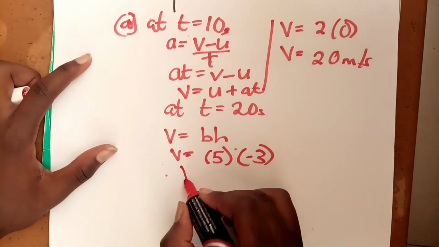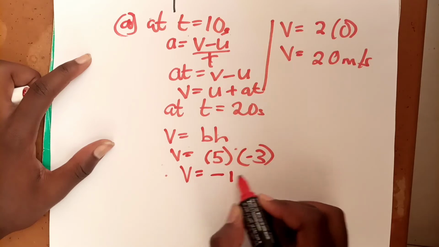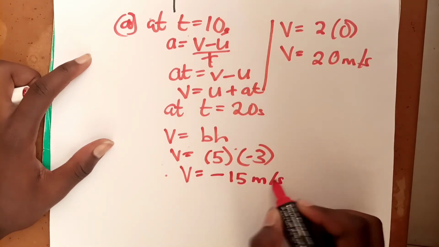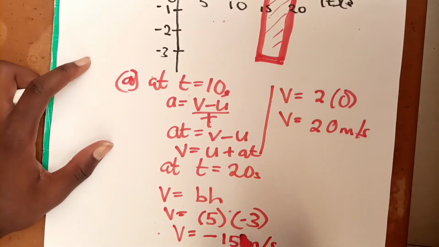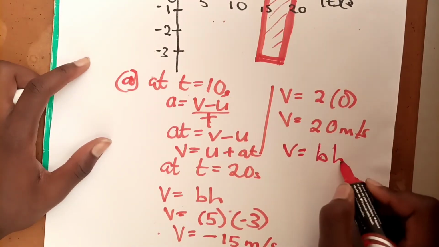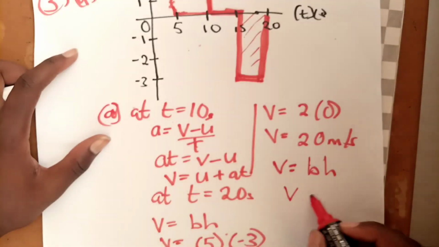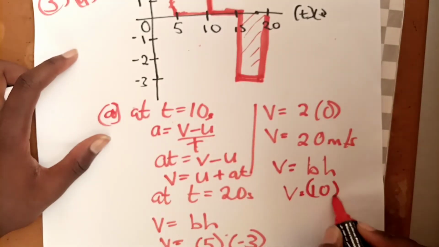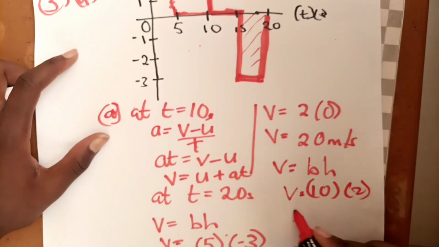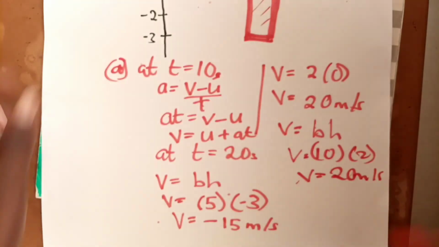Then the velocity is equal to -15 meters per second. Remember, we can actually use the same formula for the part in A, where the velocity is equal to the base times the height. Our base in this case is 10, then our height is 2, so it still comes back to the same 20 meters per second.